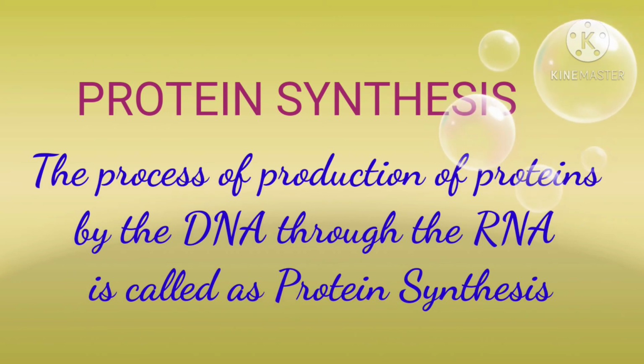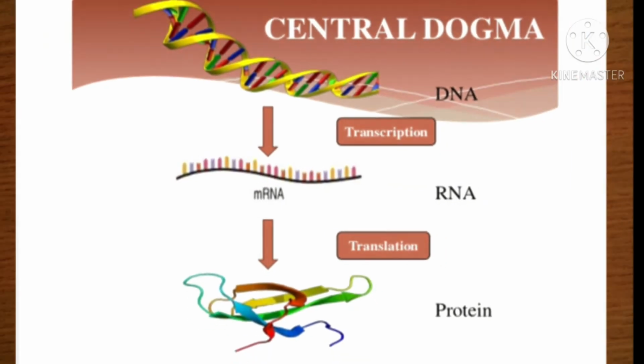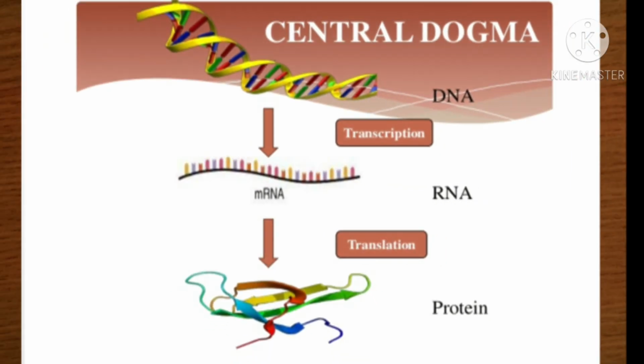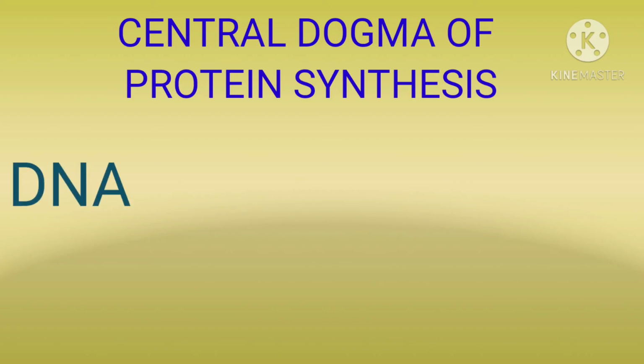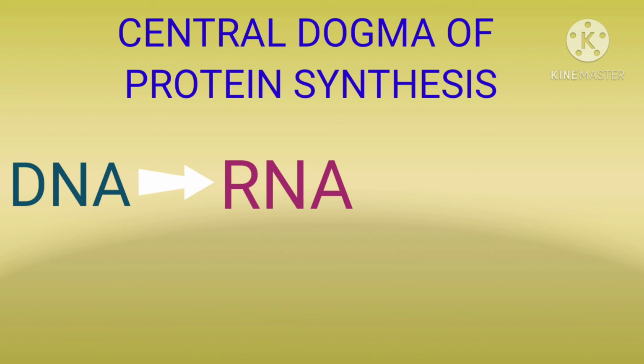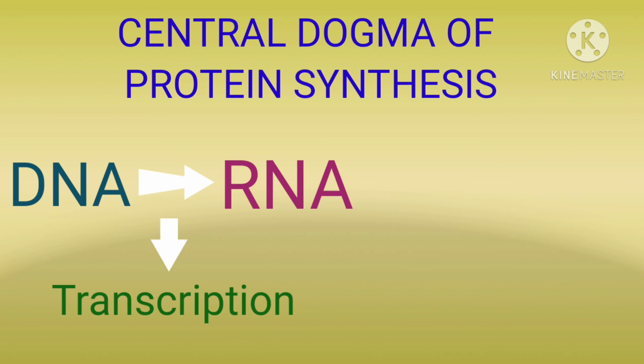Protein synthesis, the process of production of proteins by the DNA through the RNA, is called as protein synthesis. Well, the central dogma of protein synthesis is that proteins are synthesized by DNA through the RNA. The genetic code on the gene present on the DNA is copied on the messenger RNA or the mRNA by the process of transcription.